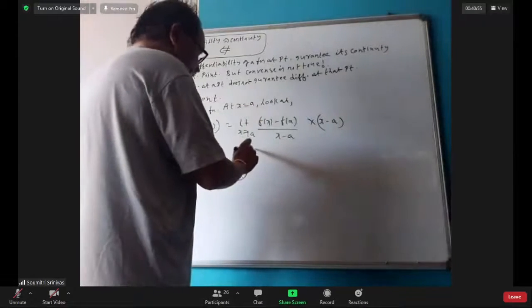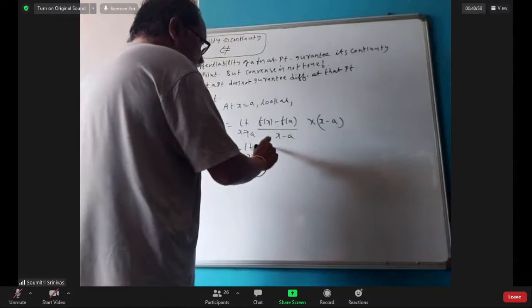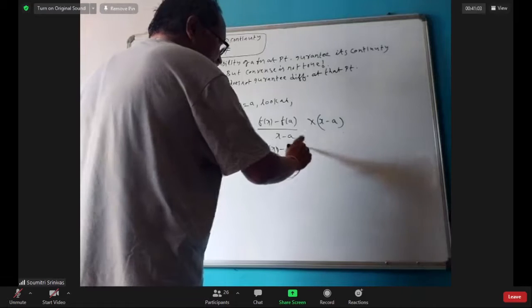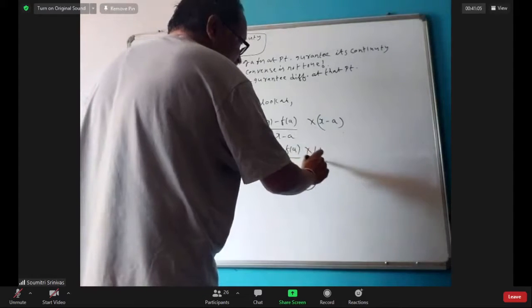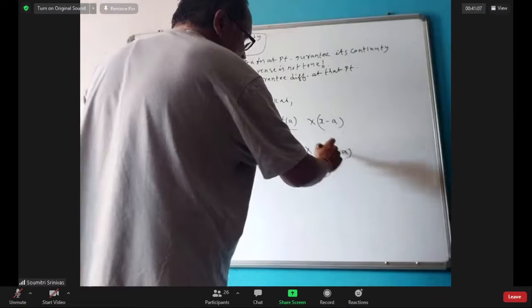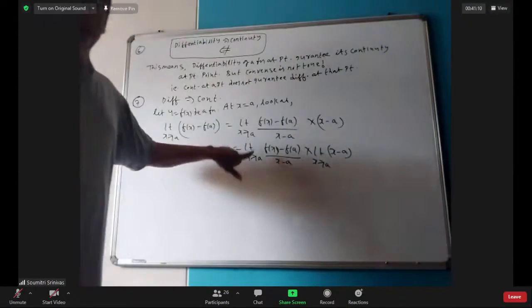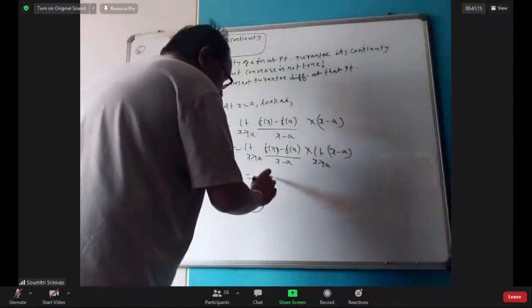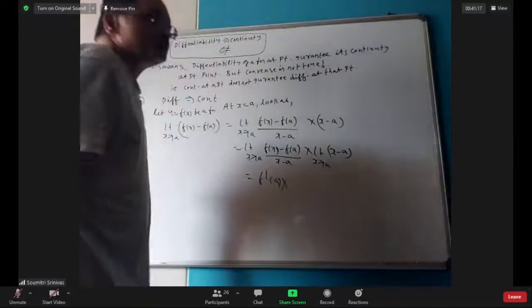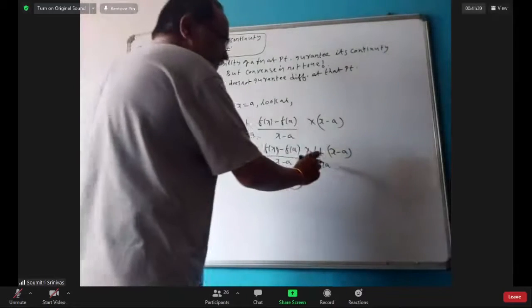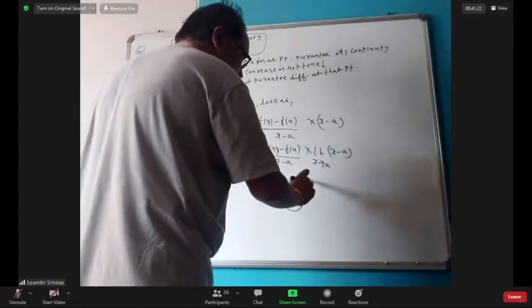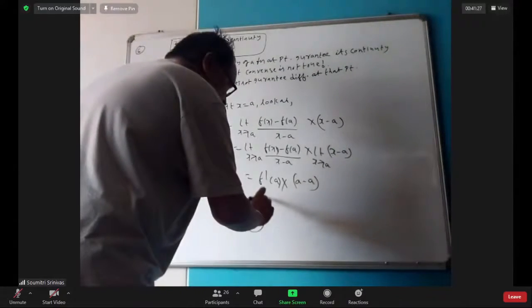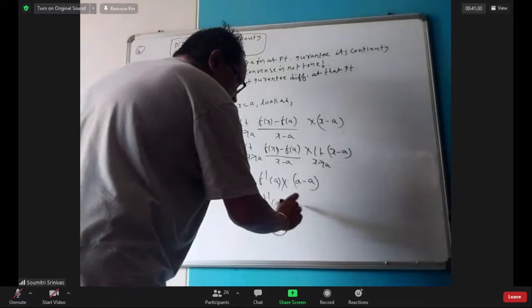What will I get? Limit x tending to a of f of x minus f of a by x minus a, into limit x tending to a of x minus a. The first limit is called f dash of a, into the limit x tending to a of x minus a, which is a minus a. So it becomes f dash of a into 0.